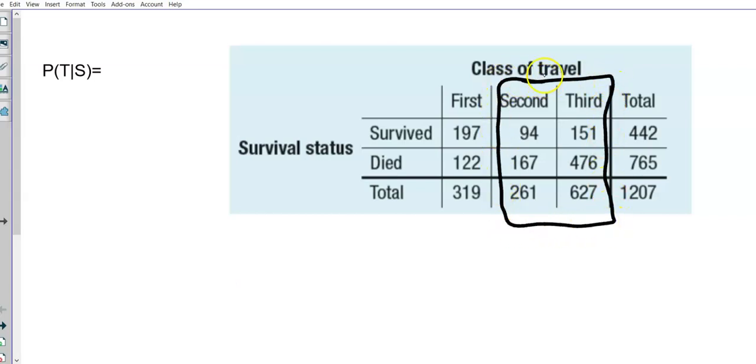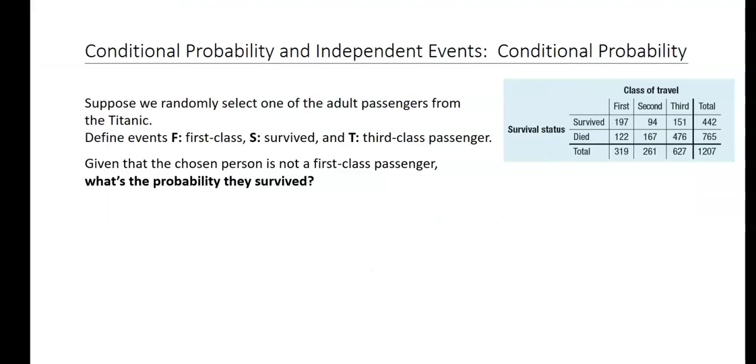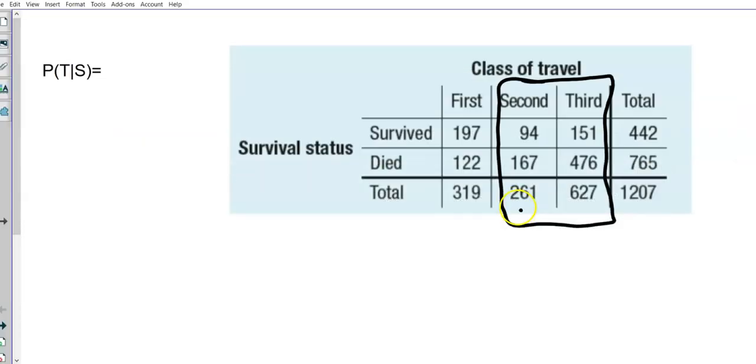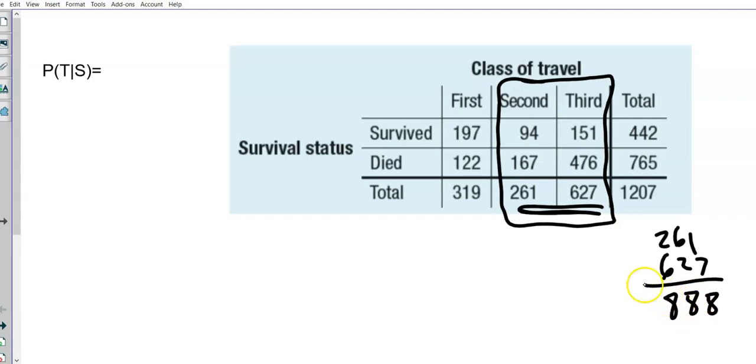So given that you're not first class, what's the probability that you survived? Not first class is all of those, whatever 261 plus 627 is. Oh, wow. So my denominator is 888. That's not first class. Given that you're not first class, I keep forgetting the question.